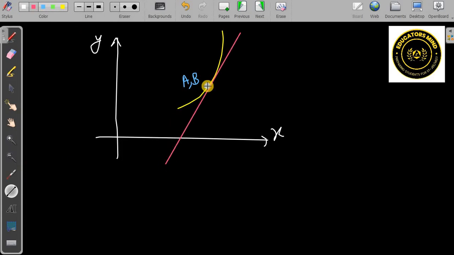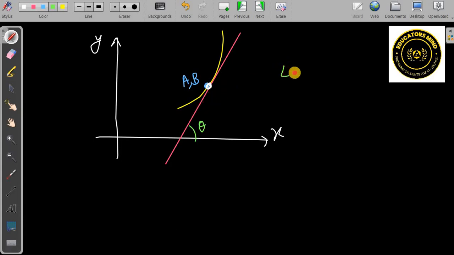Okay, this is like a tangent, isn't it? So at this point AB, this line is a tangent, and now when you take this tan theta, what is this tan theta? This tan theta and the previous tan theta are not the same.